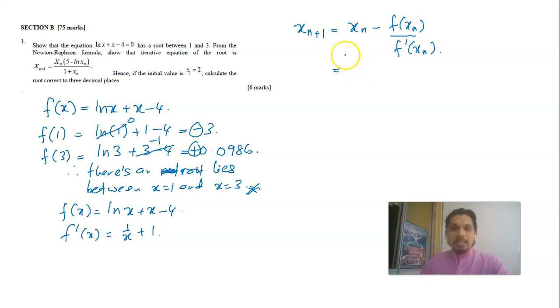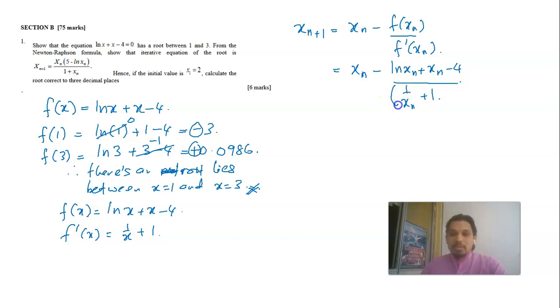So then xn minus f(xn), which is natural log of xn plus xn minus 4, divided by f prime, 1 over xn plus 1.